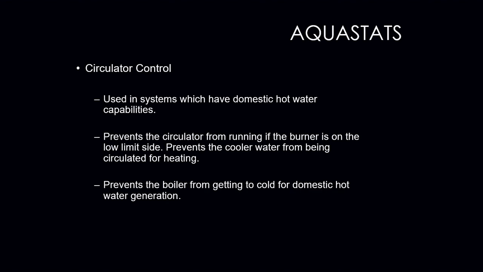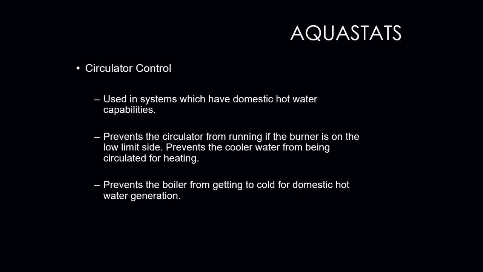Okay? Why we do this is simply due to energy efficiency. We don't want to be using any more energy than we need to supply heat to a home or to supply hot water. Okay? We only want to have these things turn on when we absolutely need them to.